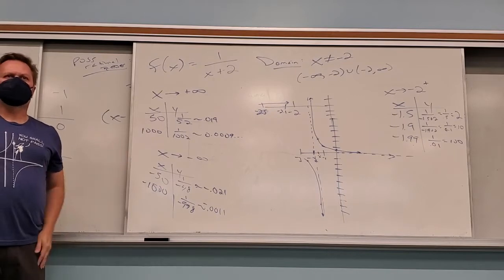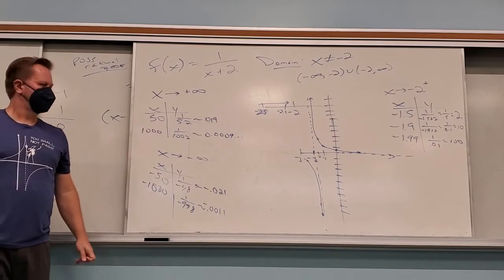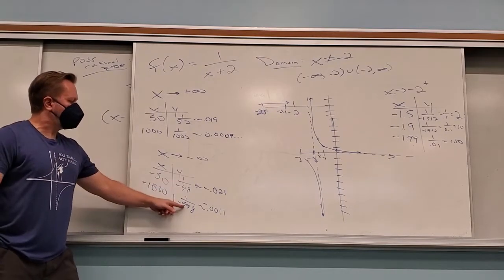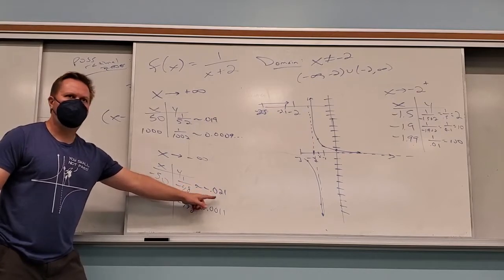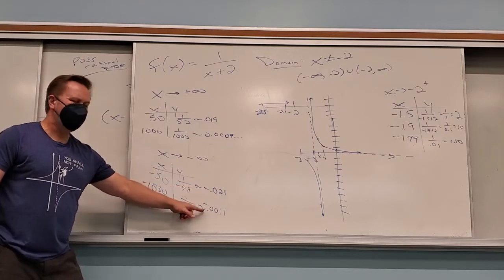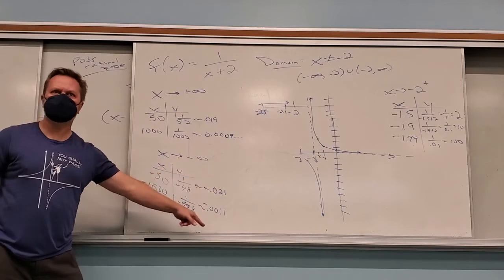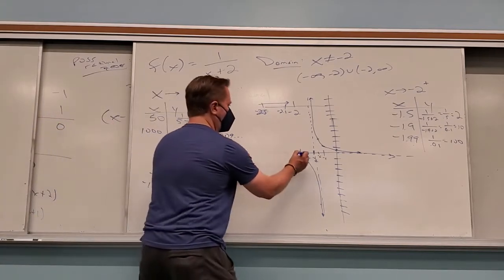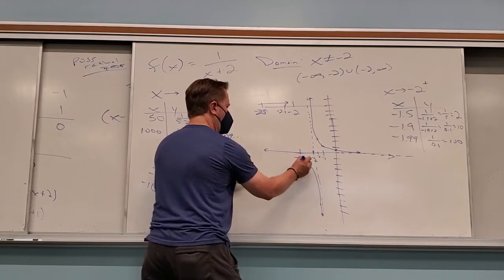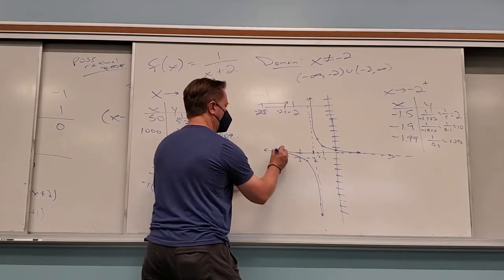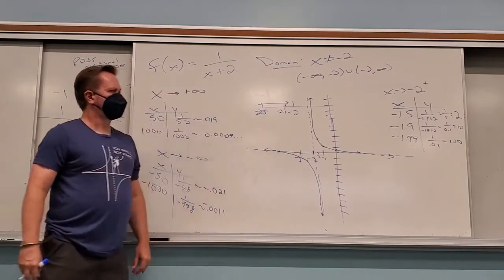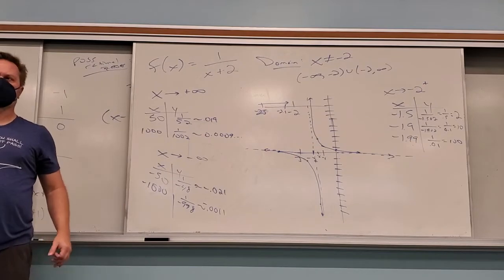Again, check me if you want to, or just accept it. So what's happening back here, it's getting really small, but they're always negative outputs, right? But they're getting really small, yes? So back here, the outputs are negative, but they're getting really small. So again, it's approaching 0. So it looks just like that.